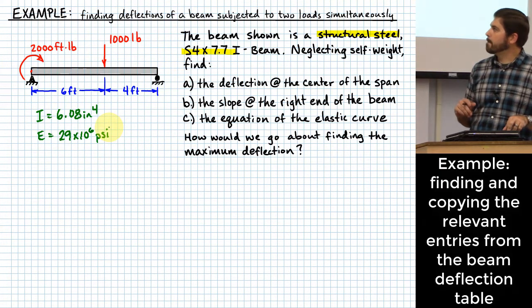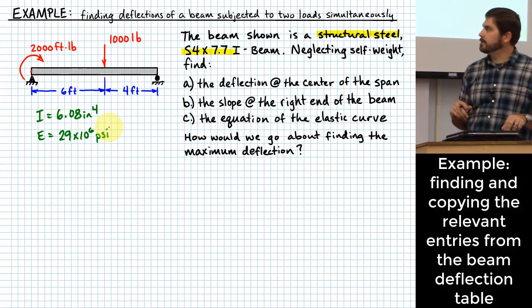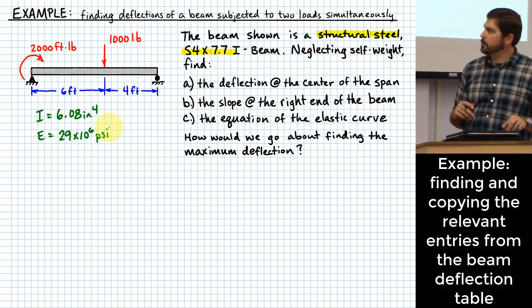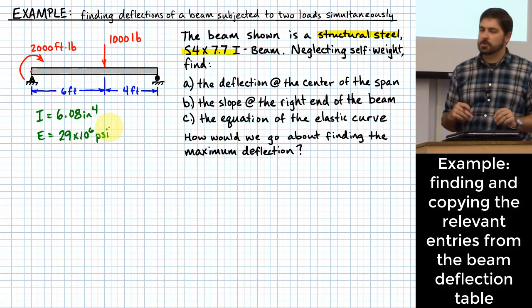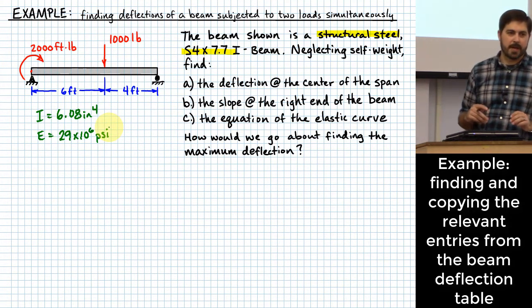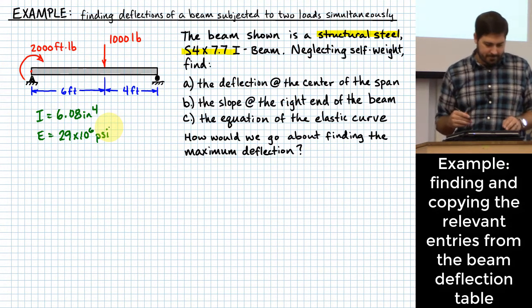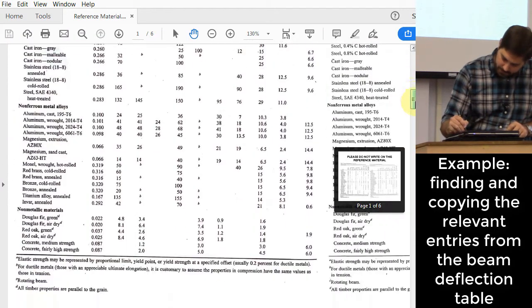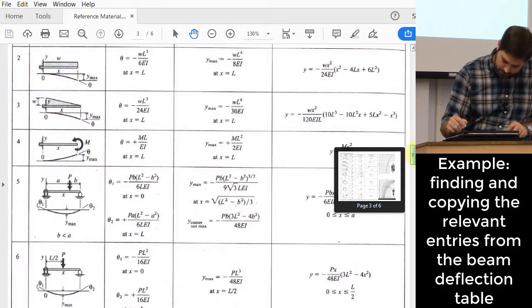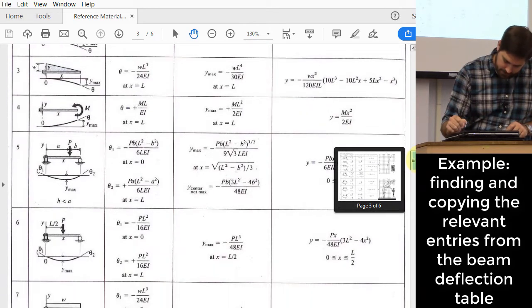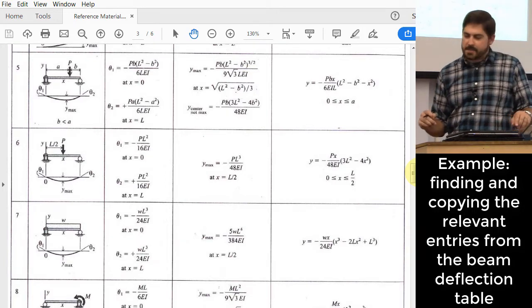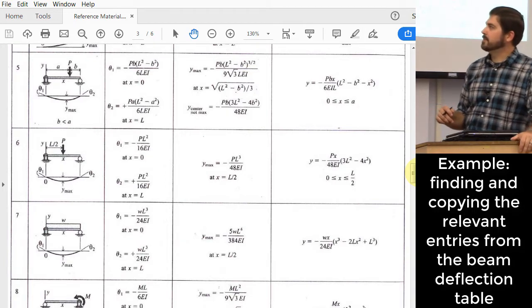Part A, the deflection at the center of the span. Let's go into the table of these different deflections and go shopping. Let's go find the one that we need. So we get into the table here. There it is. Yes, I'd like a little bit of case 5.